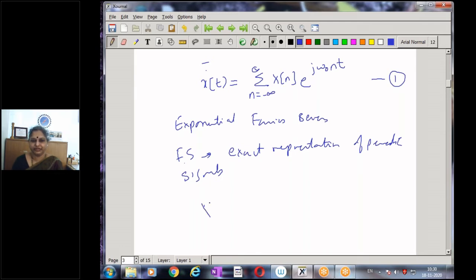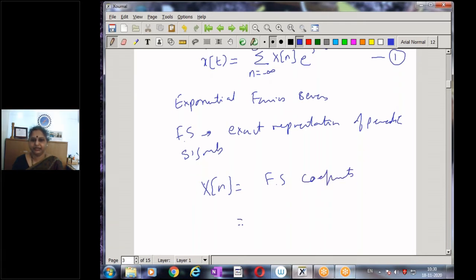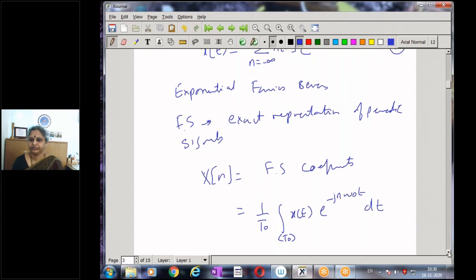And here X of n is known as the Fourier series coefficients, and is given by 1 by T naught, integral over T naught, x of t in one period, e to the power of minus j n omega naught t dt.